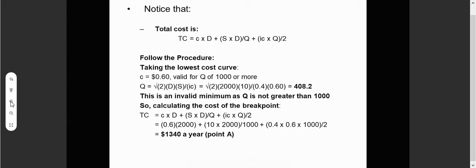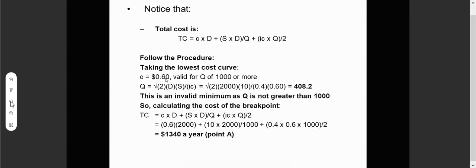Let's say we order a quantity of 800 units, so we are not eligible to get the price of 60 cents per unit. We need to look back at the price quotation for 800 units.